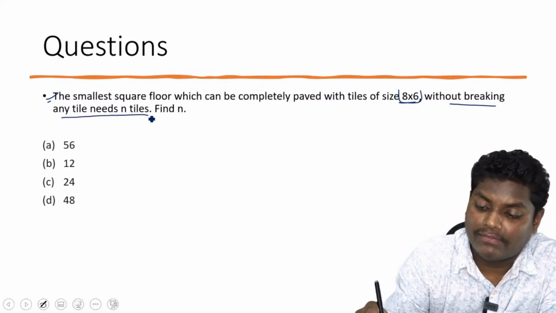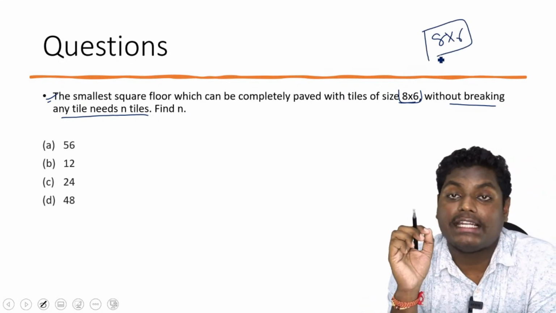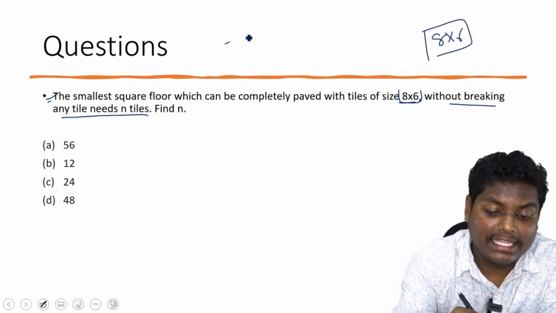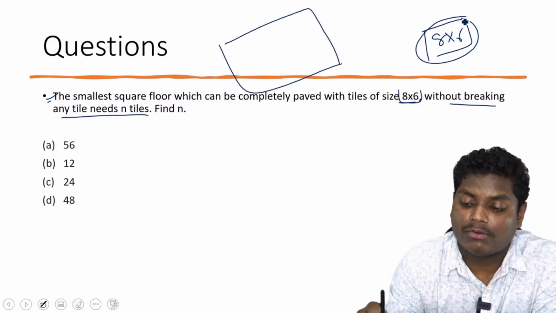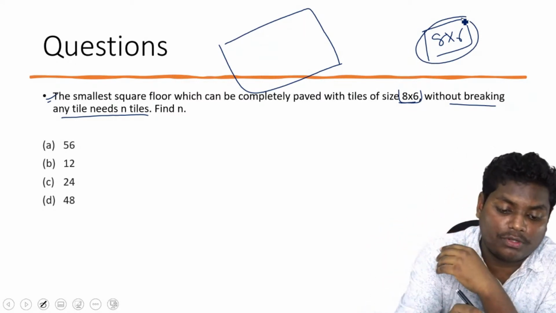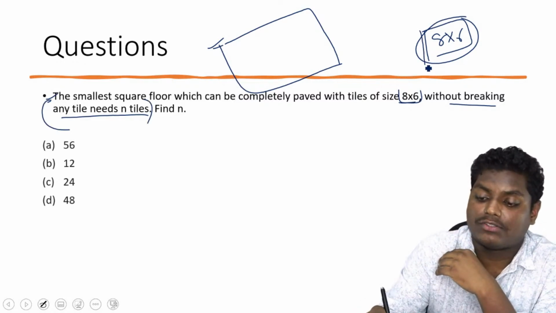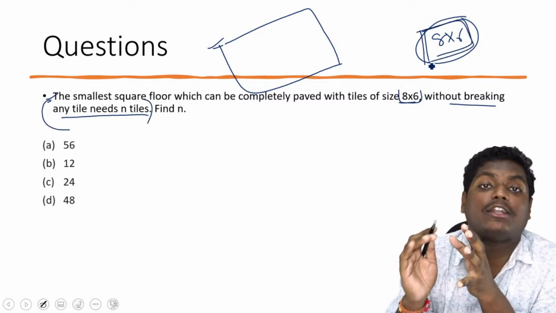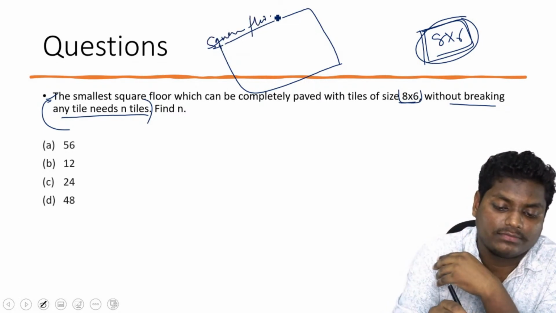They have given us a rectangular tile, 8 cross 6, and they are saying that we want to make a square floor. So using this rectangular tile, what is the dimension of the square floor?